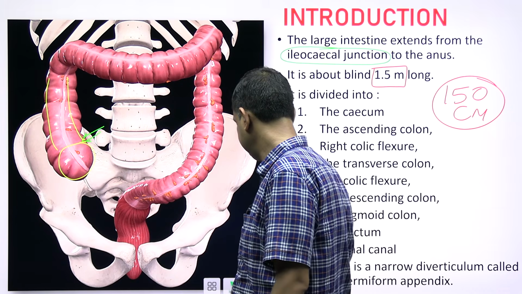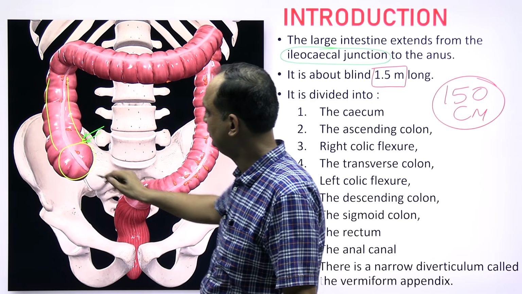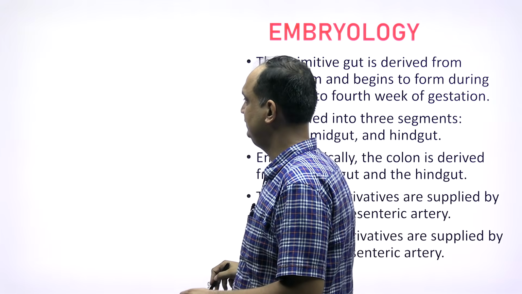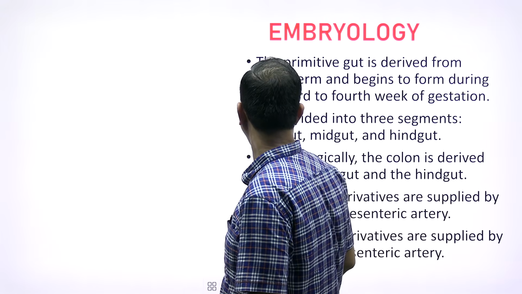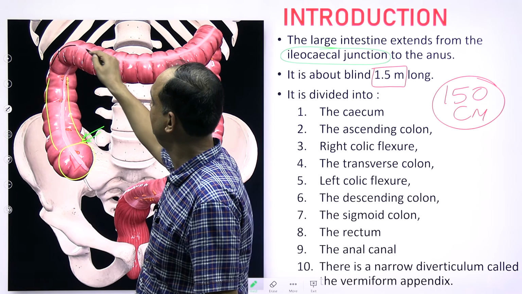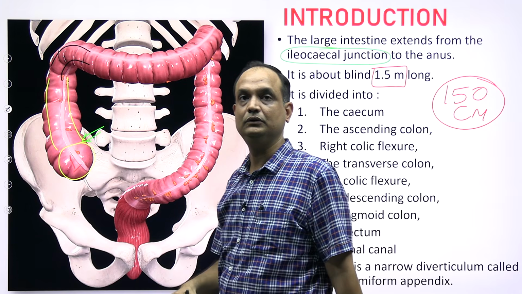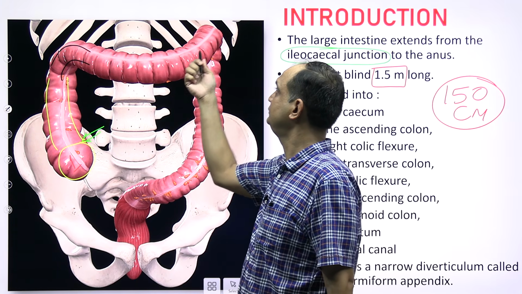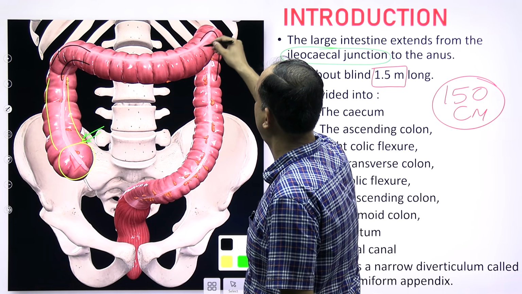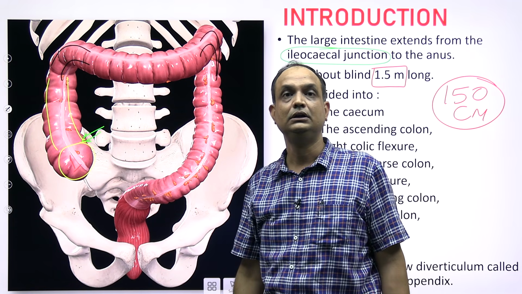First is the cecum. If you go from below, then you will have the ascending colon, then the flexure of the ascending colon. So where is the flexure of the ascending colon? This is the hepatic flexure. Then you will have the transverse colon. Then the splenic flexure, the turn on the left side.